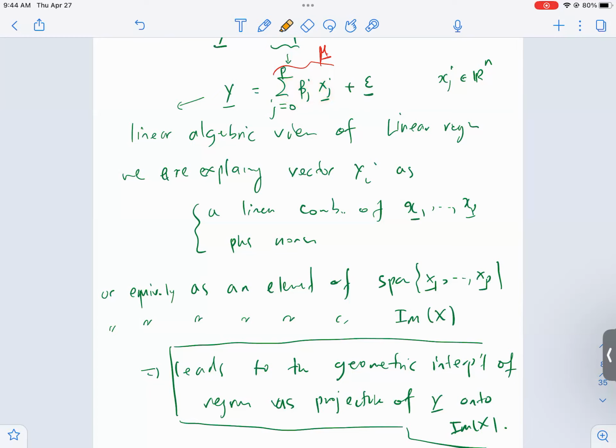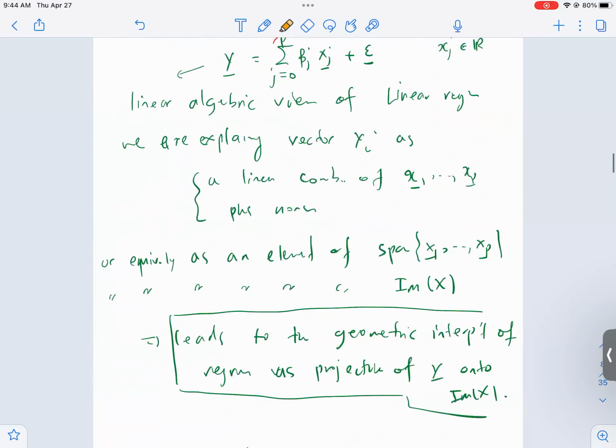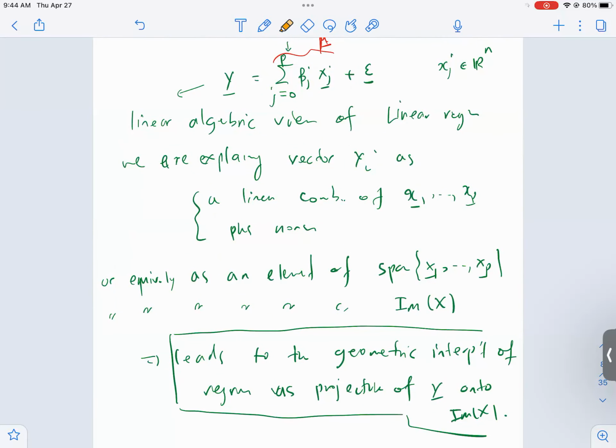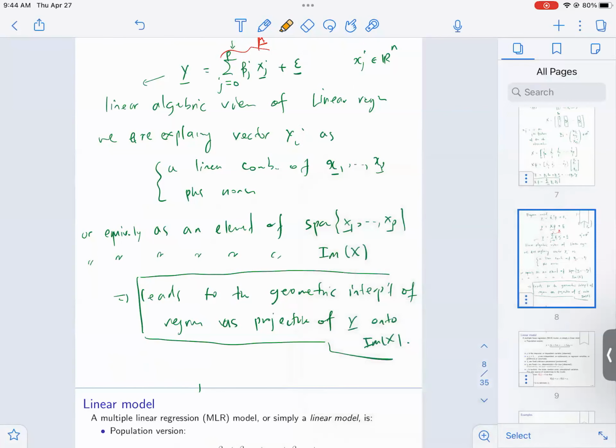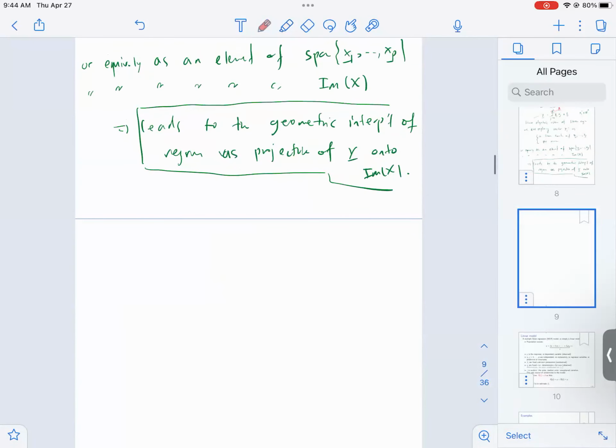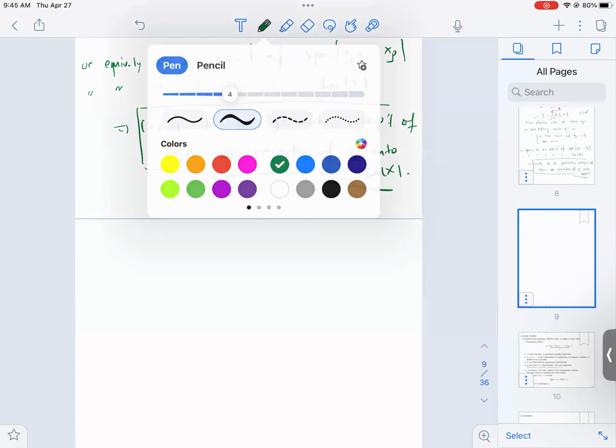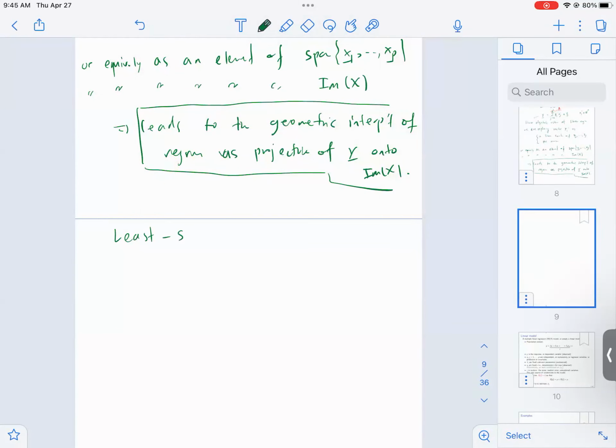So if you try to solve this problem, we can say least squares is: I want to find x beta that is closest to y in distance. Okay, so an element in the image, x beta, is closest to y.